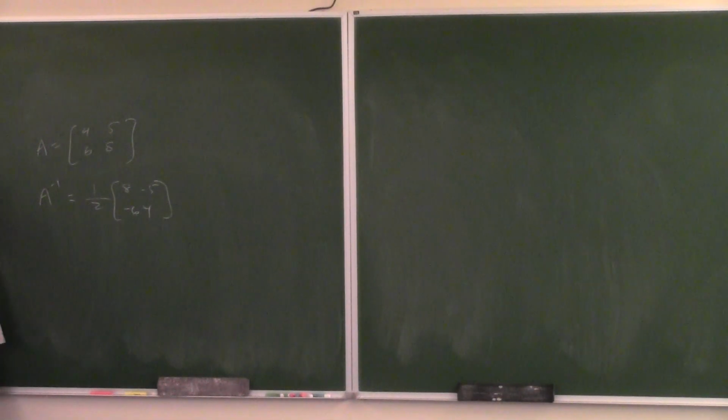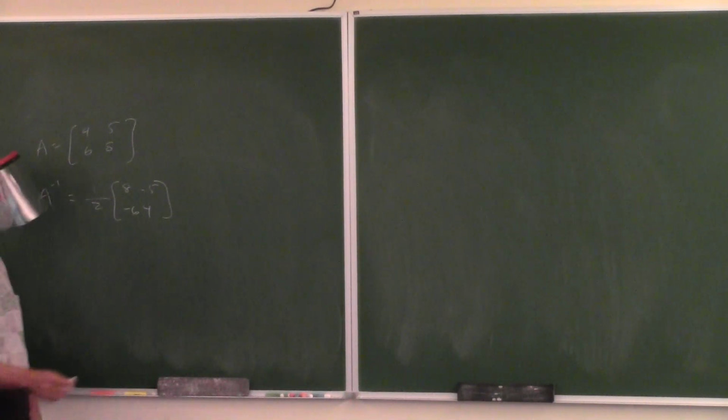Now, do we have a shortcut like this for 3x3 and 4x4 and 5x5? Yes, well, it's shorter, but it's not as short. But at least it's better than doing the ABC method, right? Remember, you have to go A, B, C, D, E, F, G, H, I. There's gotta be a better way. Okay, so let's do one.